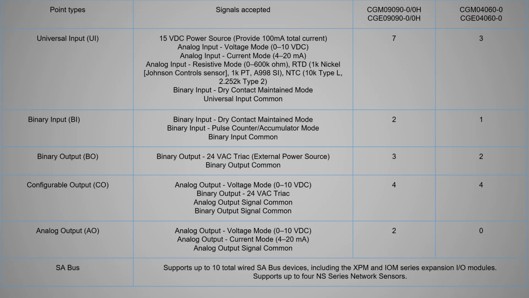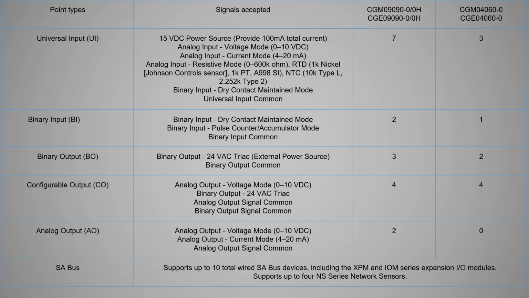Now, on the newer controllers, they do not have an option for internal power. You must jump the power over to the common of those binaries to fire them whenever you turn them on. So no more internal power for the unitary controllers, only the VAV controllers. So now we got the configurable outputs.